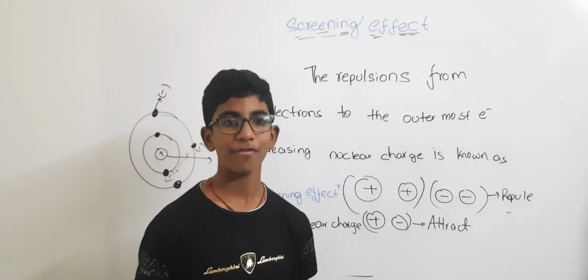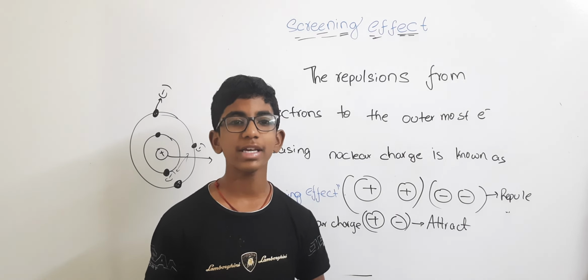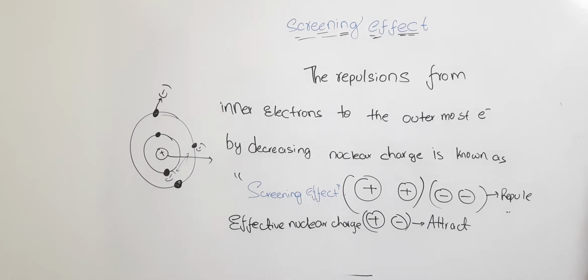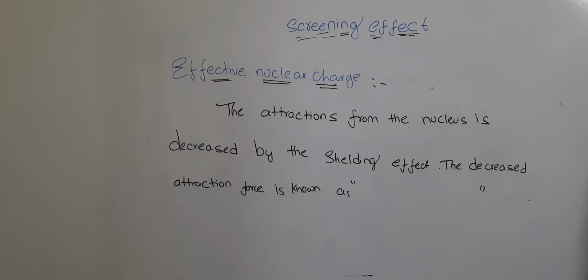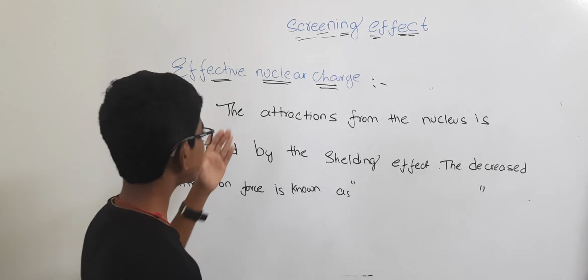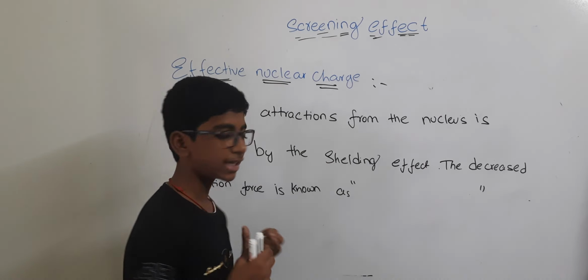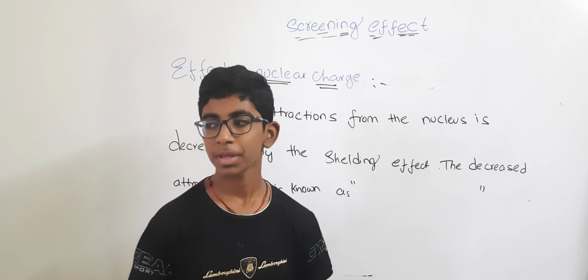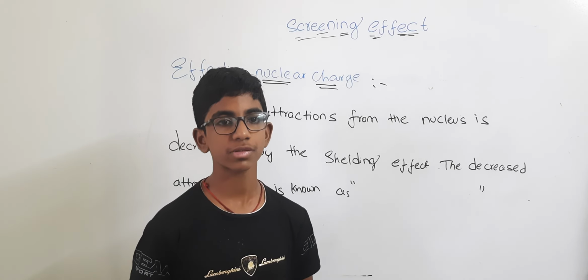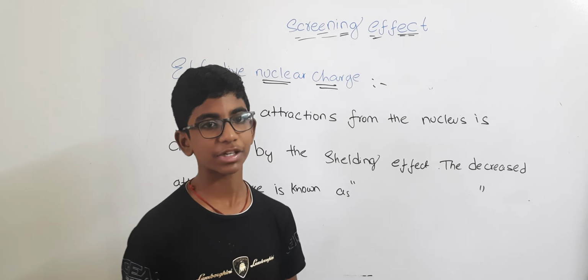Now we discuss how to find the effective nuclear charge of an atom. The attraction from the nucleus is decreased by the sealing effect. The decrease in nuclear charge, or the decreased attraction force from the nucleus, is known as effective nuclear charge.